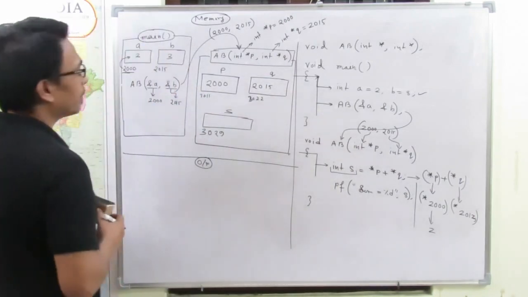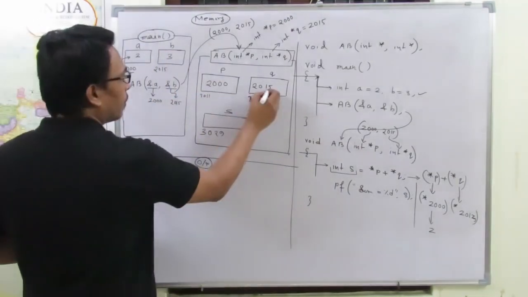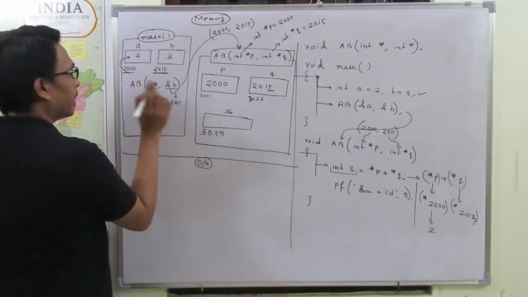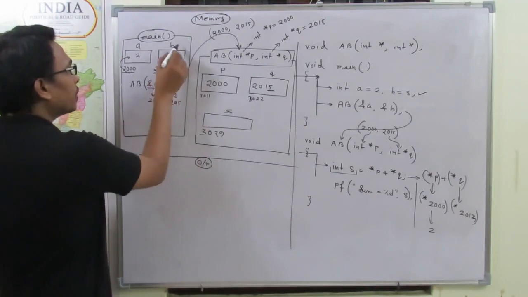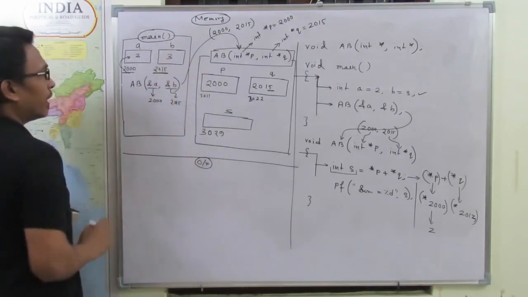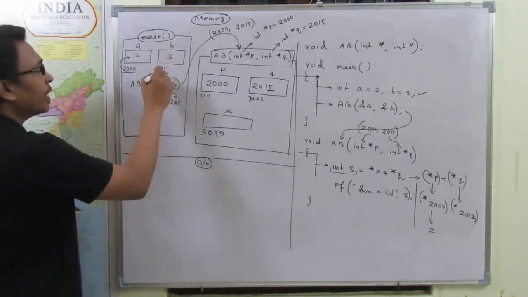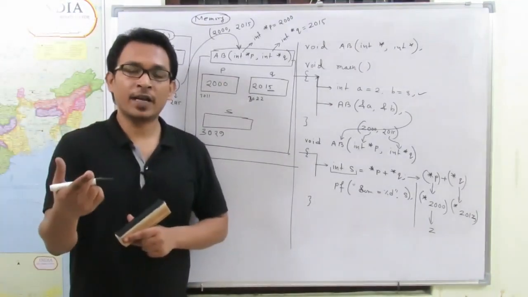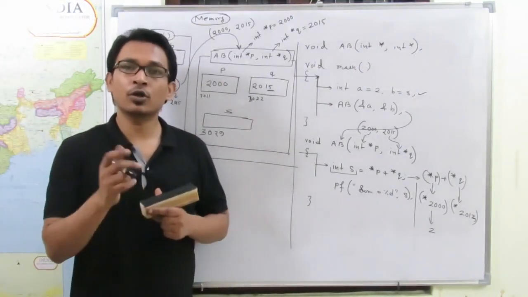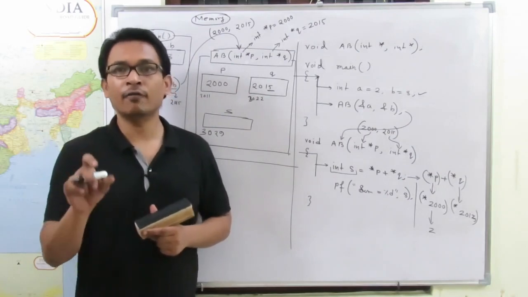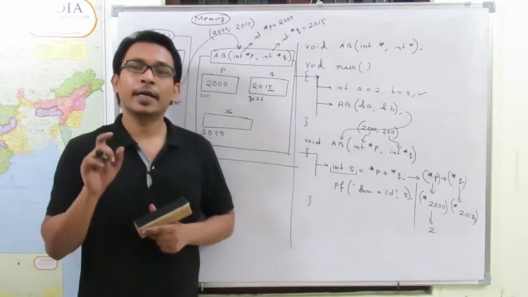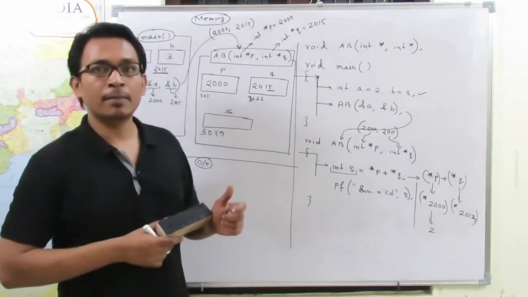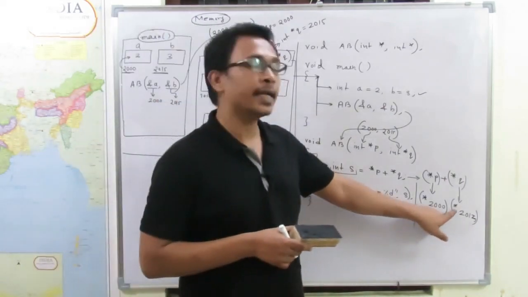Control comes to the base address of variable b, but it will not read the value of b until it gets permission, and we give that permission with the help of this indirection operator.